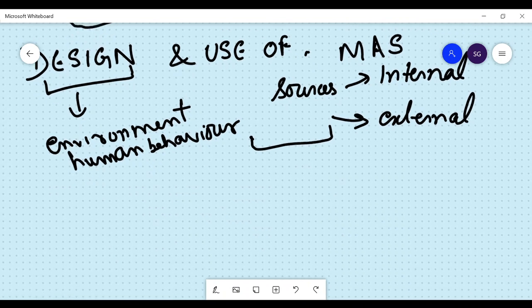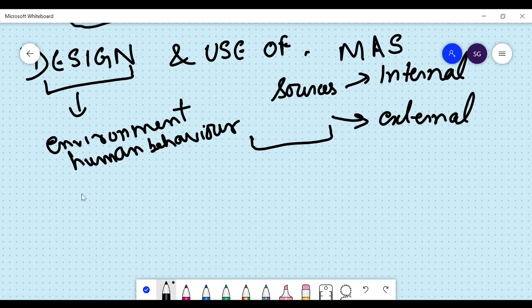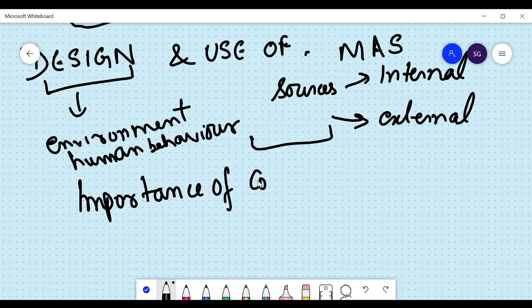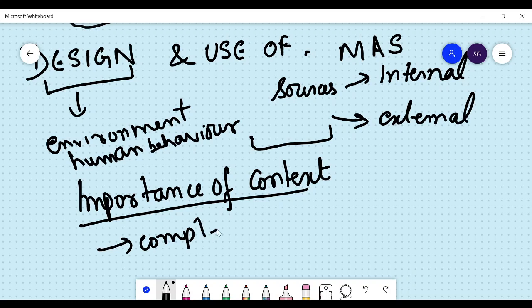Here there is an important topic, which is importance of context. Context of the information is important because data is very complex. So we have to find out the context of the data and work according to it.